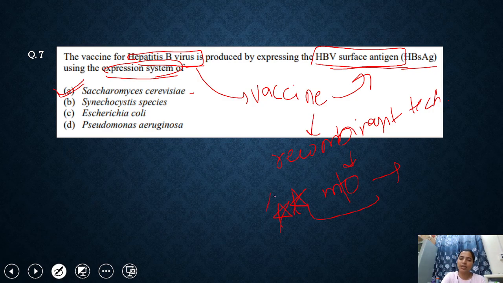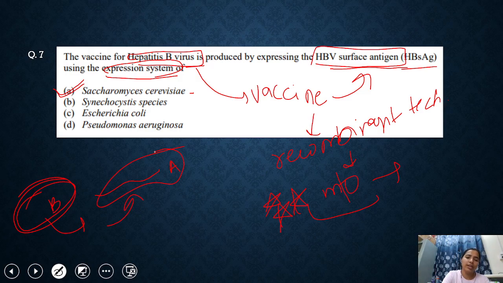Suppose you are producing a protein A, and you have chosen a microorganism B, and if its system interferes with the A protein in any kind of way, either it will react with A protein or the enzymes present in B degrade the A protein, or it can change the structure of A through any other means.